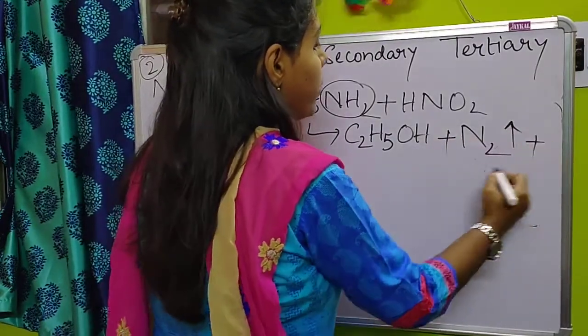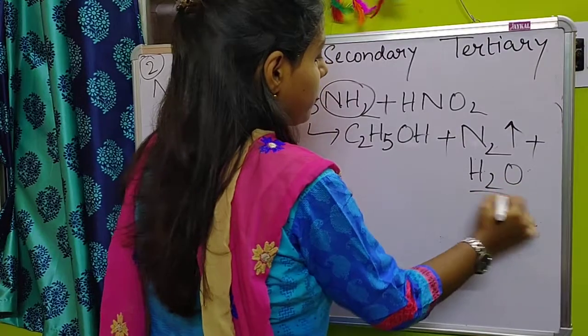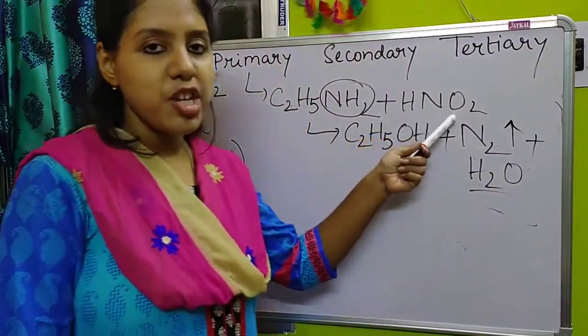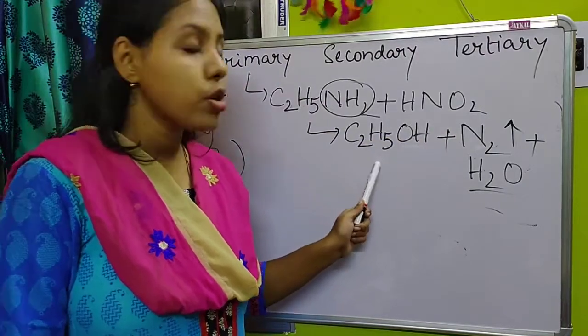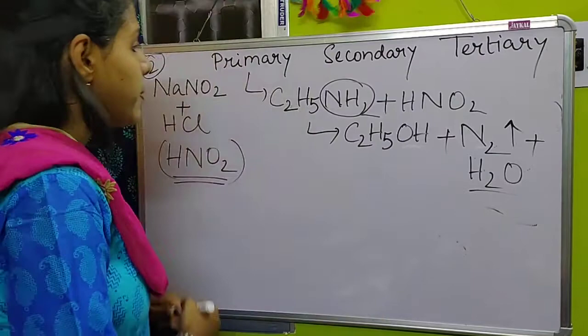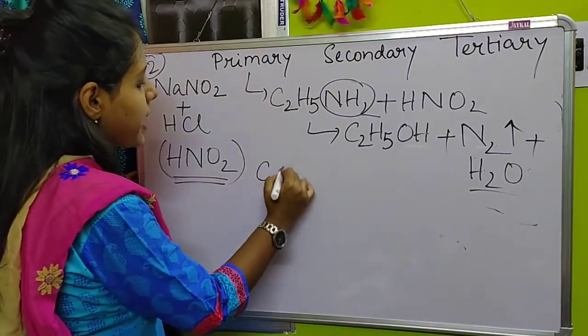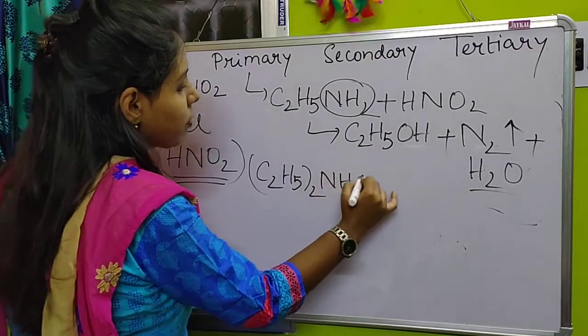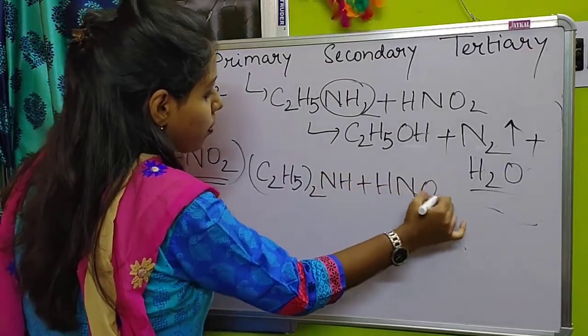That is the important point for this reaction, plus water. So whenever we react the primary amine with nitrous acid, we get an alcohol along with the evolution of nitrogen gas. Clear?